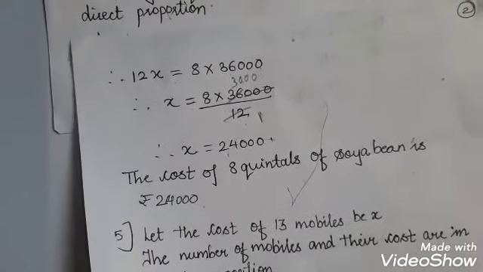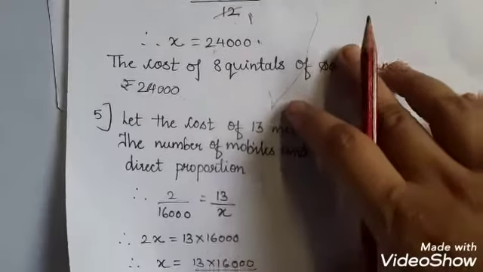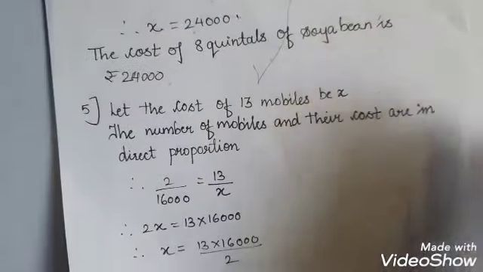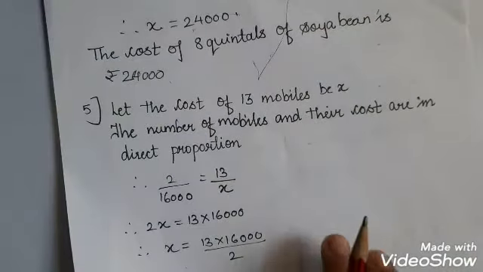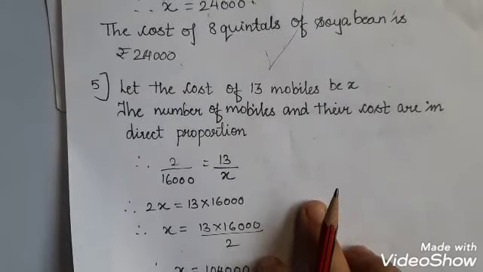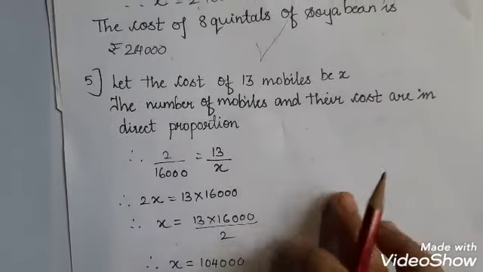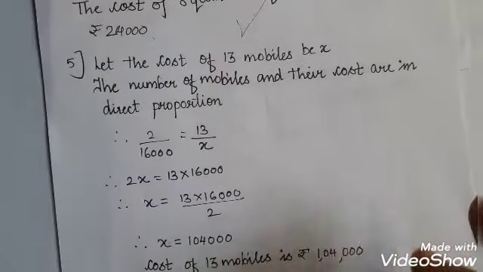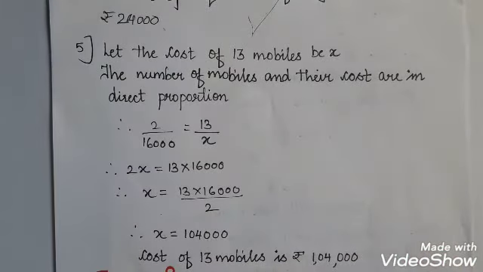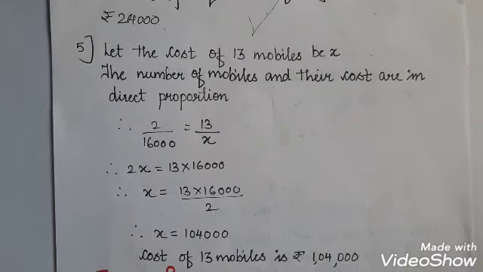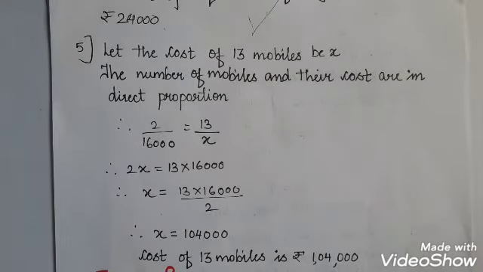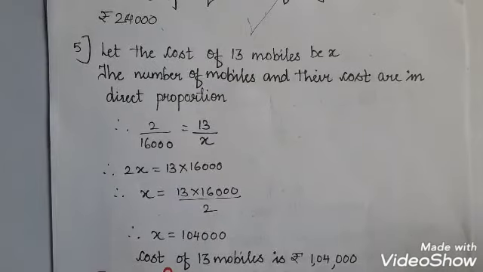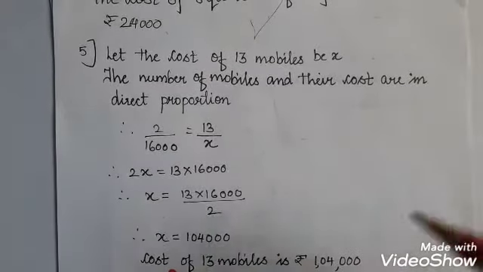Okay. Next. Fifth sum. Two mobiles cost rupees 16,000. How much money will be required to buy 13 mobiles?